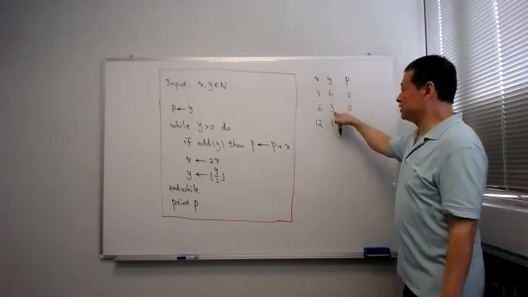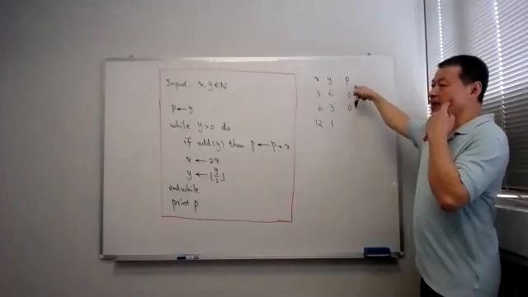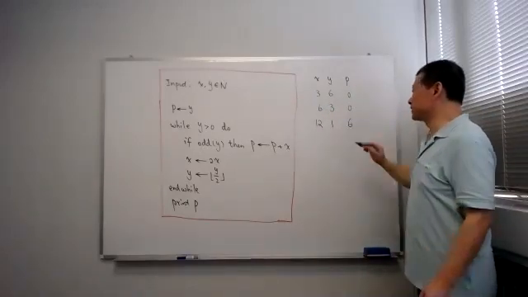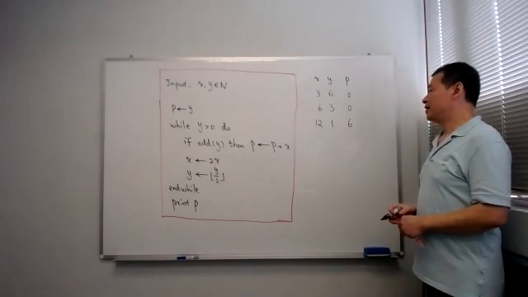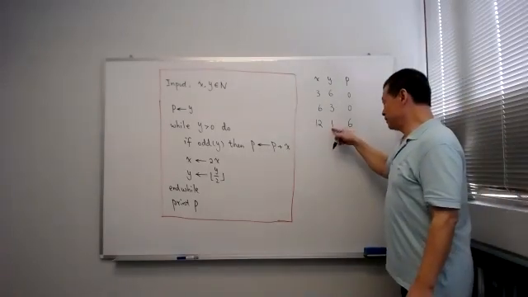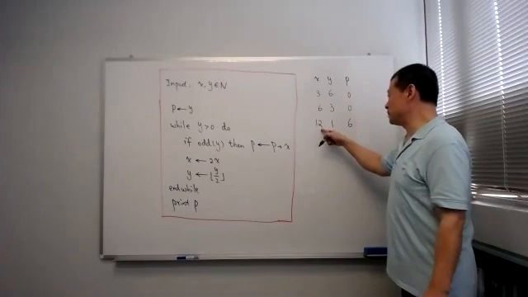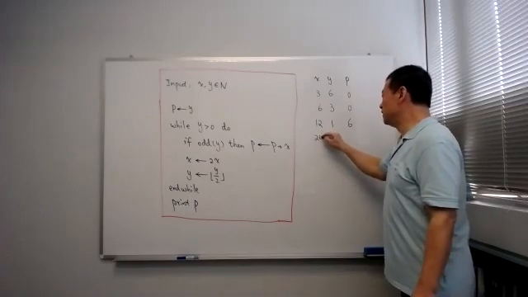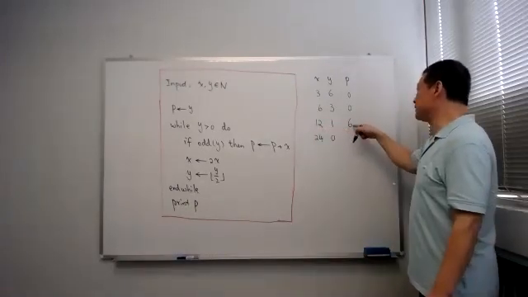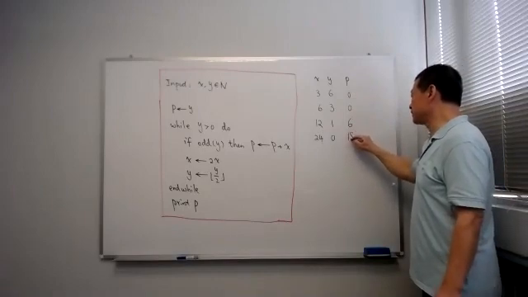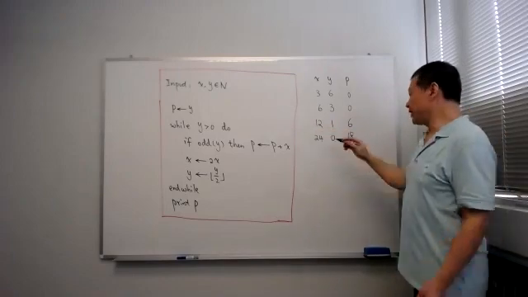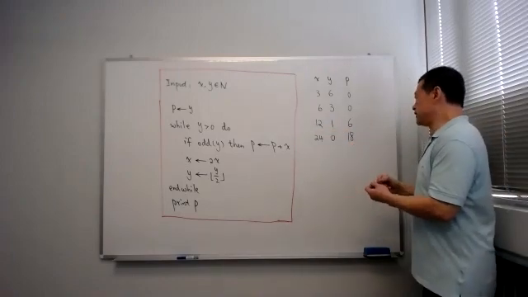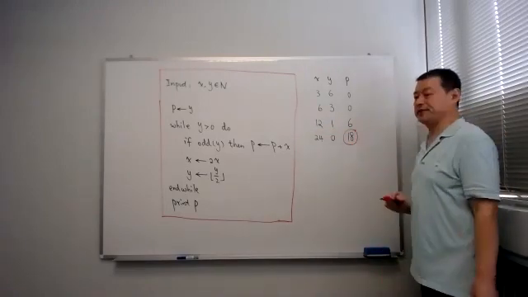Now y is odd, so 6 will be added to p. So p becomes 6. Now y will be halved, becoming 0, and x will be doubled, becoming 24. Because y is odd, 12 is added to p, and it becomes 18. Now y becomes 0, so the algorithm stops, and we output 18 as a result.